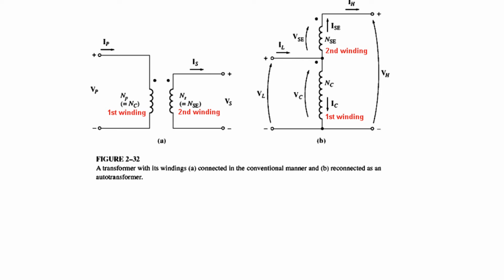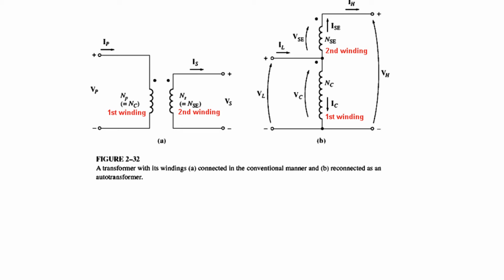And now a couple of terms. You can see this is VP, this is NP, or also called NC, a primary winding, or the common winding. This is the first winding. Now we can't call it the common winding here, but it is actually equal to the common winding of this transformer.